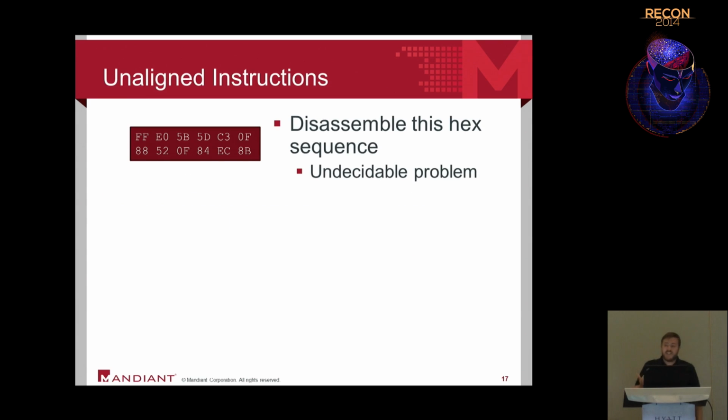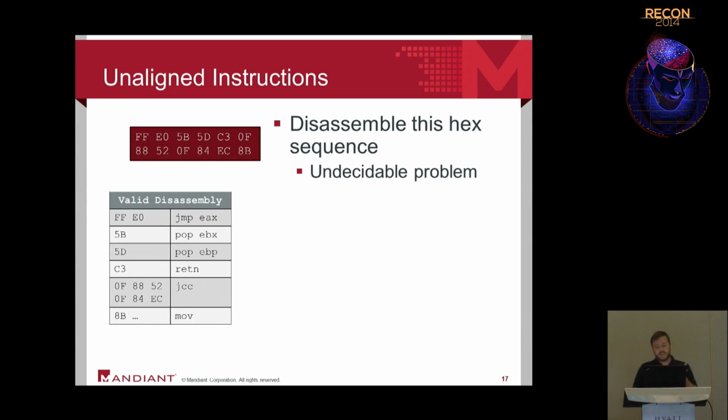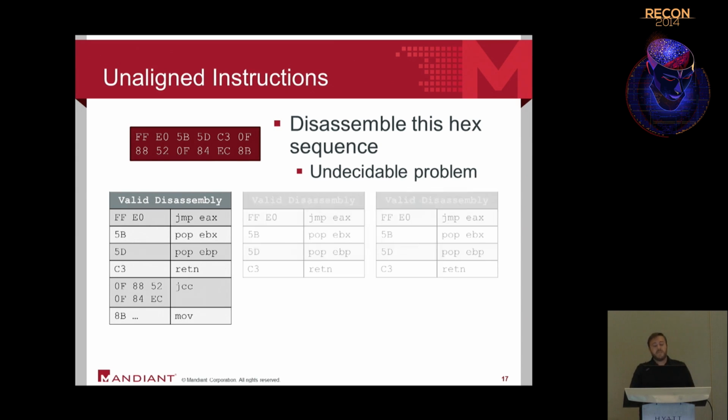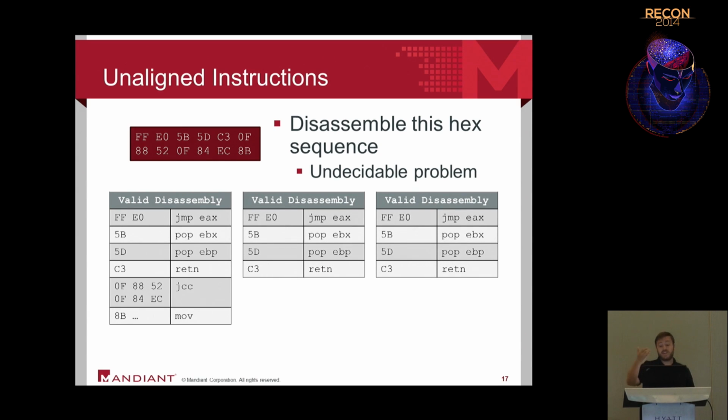So why is it undecidable? If you have a series of bytes and you try to say, hey, this is the intended instruction sequence. If you start from the beginning and just start disassembling straight line, from this sequence of bytes, these are the instructions you get. But there's actually nothing wrong with getting to a return instruction and saying, okay, after this, these are data bytes.